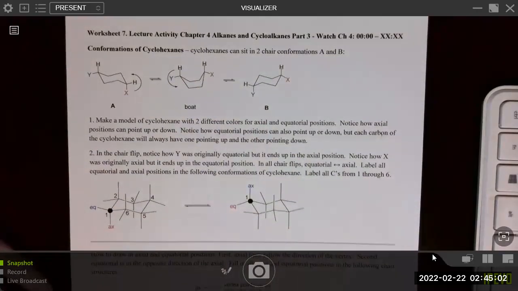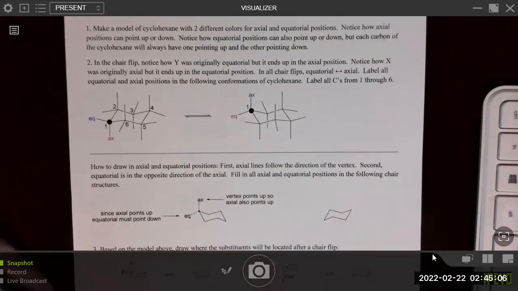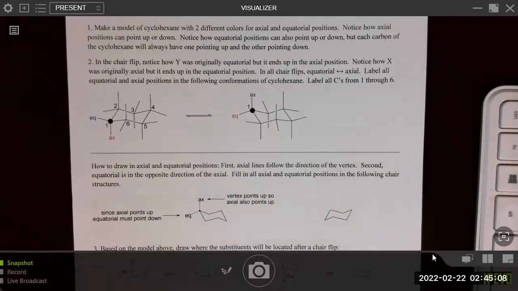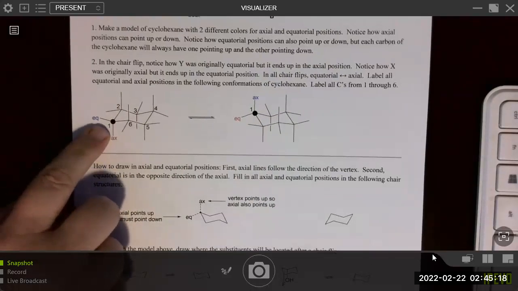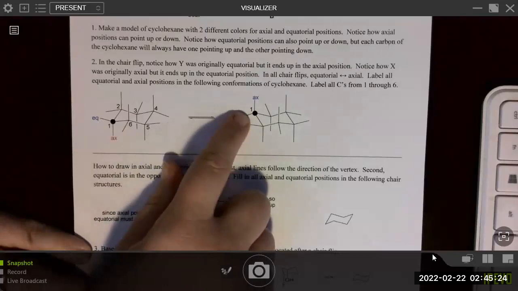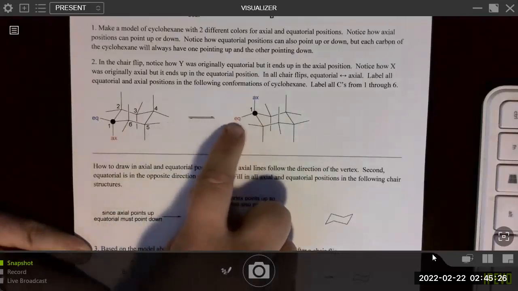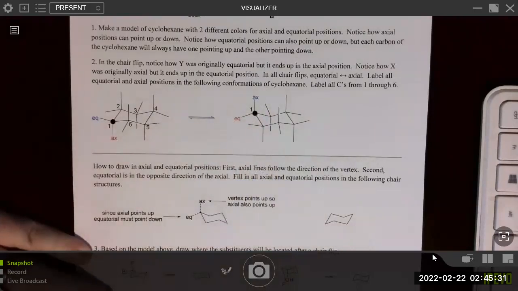Okay, moving on, we want to look at all of the different axial and equatorial positions all the way around the 6-membered ring. So notice here, again, this is carbon number 1, and we have a down in axial and up in equatorial. And then after the ring flip, we have a down in equatorial and up in axial. The axial and equatorial switch.